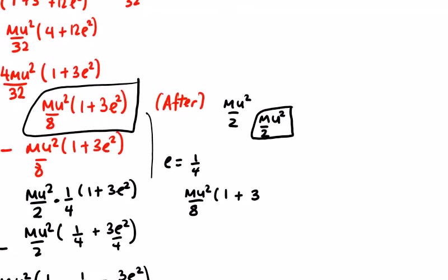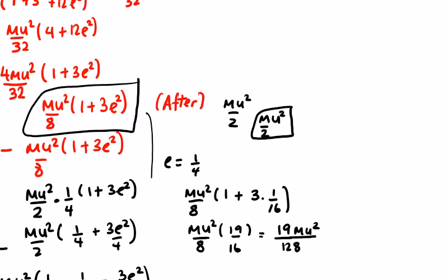We're going to 1 plus 3e squared, so 3 times 1 over 4 squared, which is 1 over 16. So we're going to get mu squared over 8 times 1 plus 3 over 16, which is 19 over 16. 19 is prime, so we can't simplify it. 19 mu squared over 128.